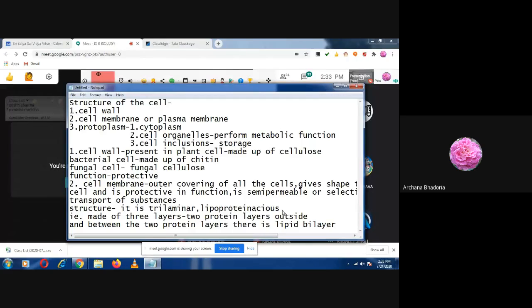How it is trilaminar? I hope you got it. That it consists of two protein layers. Okay, and between the two protein layers, there is a lipid layer.